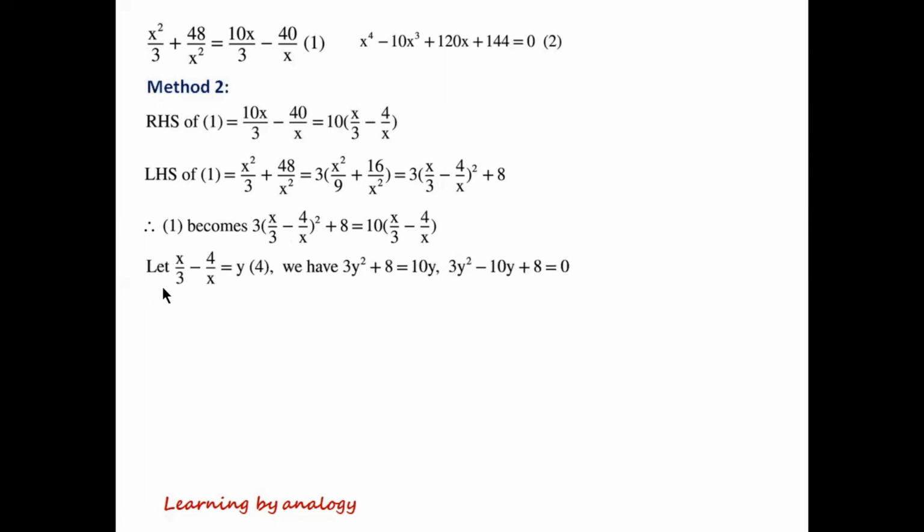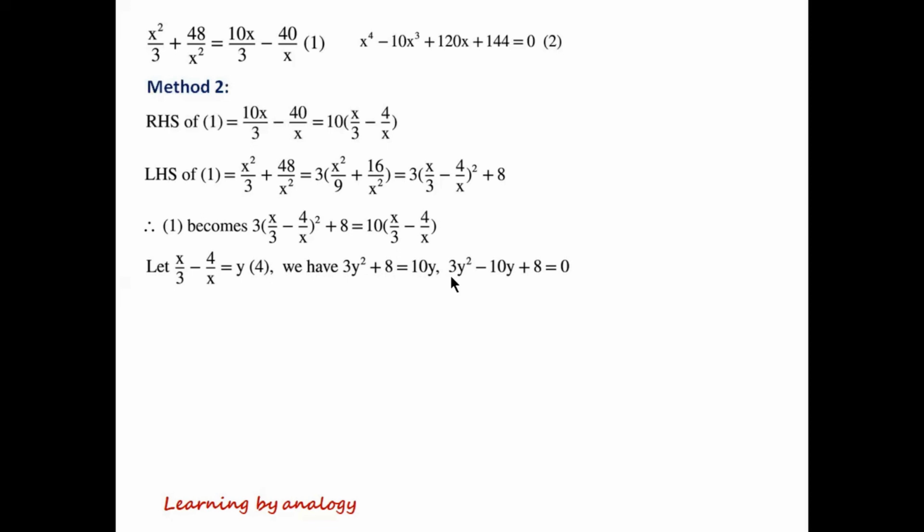Let x over 3 minus 4 over x equal y. We then have 3y squared plus 8 equals 10y.